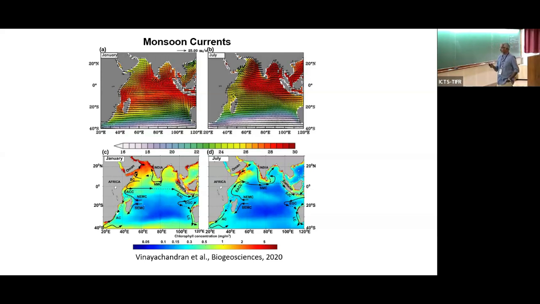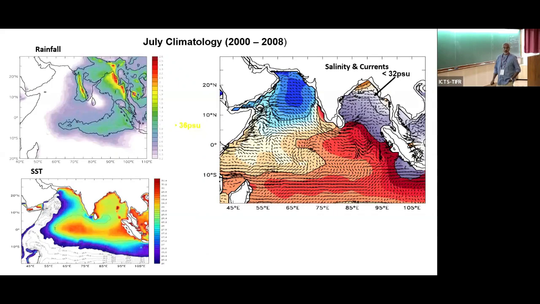Now, these seasonally reversing monsoon winds and the associated weather pattern have a very distinct impact on the regional hydrography. The rainfall is mostly concentrated on the eastern part of the Indian Ocean. You can see the very high rainfall sitting near the mountains, one in the eastern Bay of Bengal and the other in the eastern Arabian Sea.